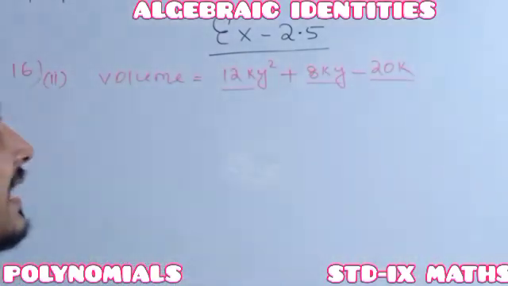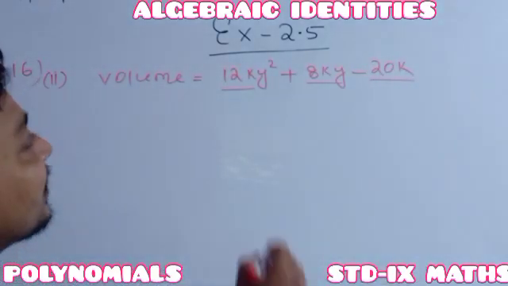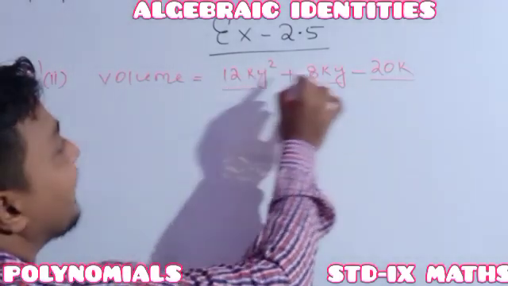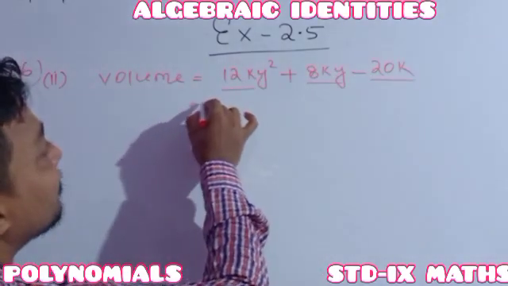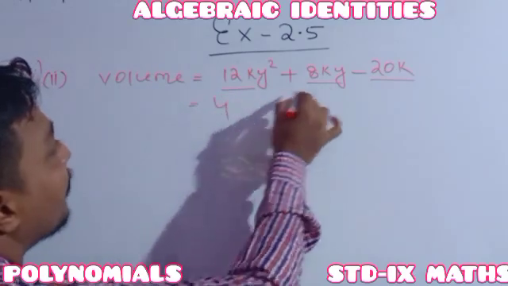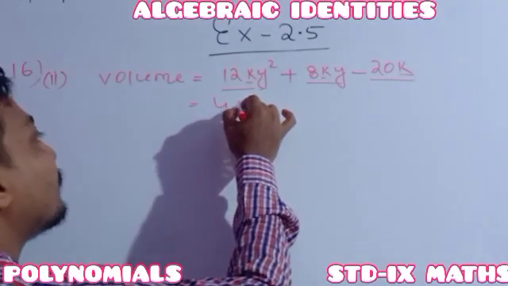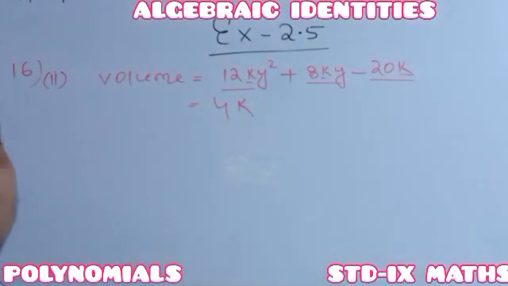First let me check whether there is any monomial common amongst them. See, here the numbers are 8, 12 and 20. I can take 4 as the common, and k is in every term, so 4k I can take as the common.